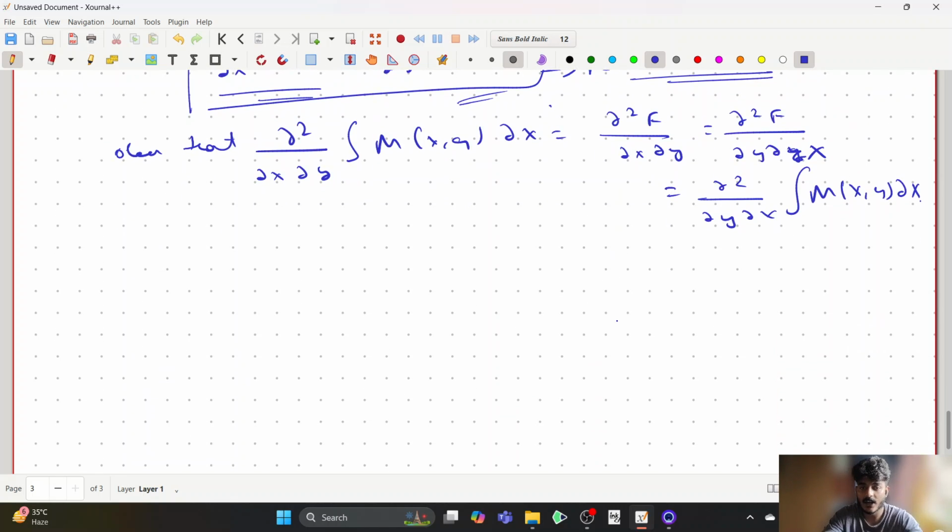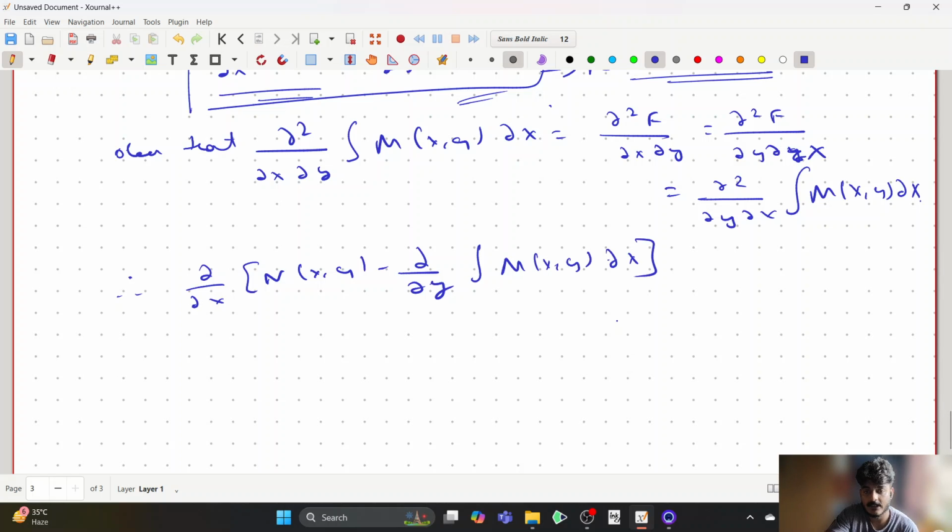Fine. Now once we have this, del by del x of (n(x,y) minus del by del y integration of m(x,y) del x) is equal to del n by del x minus del 2 by del x del y integration of m(x,y) del x.